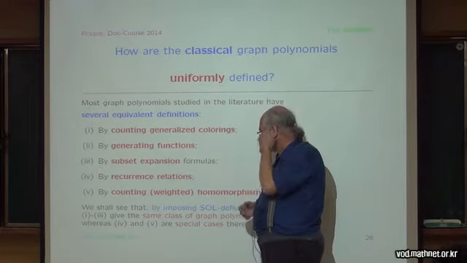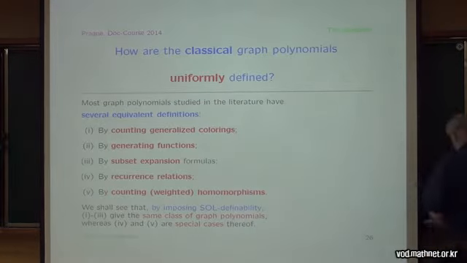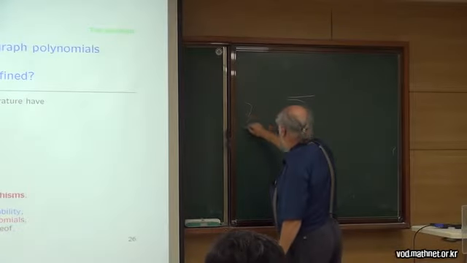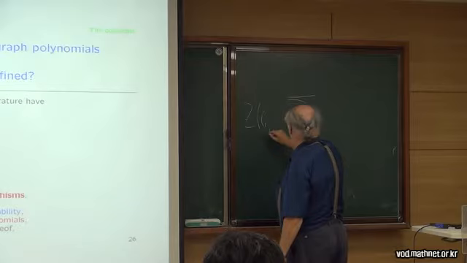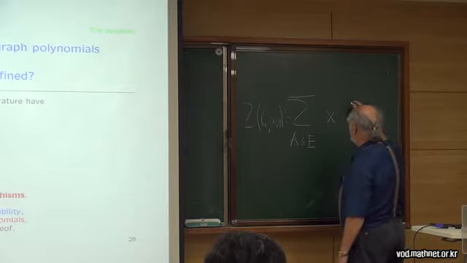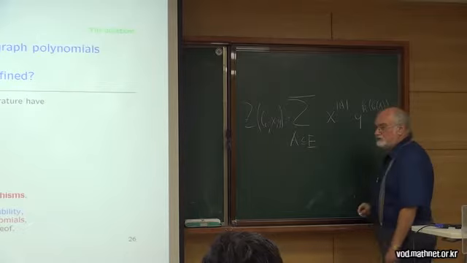We have seen, or maybe we haven't seen, graph polynomials of the form sum over A subset of E. This has a name, Z of G, x, y equals x to the size of A times y to the size of the connected components of the spanning subgraph of A.